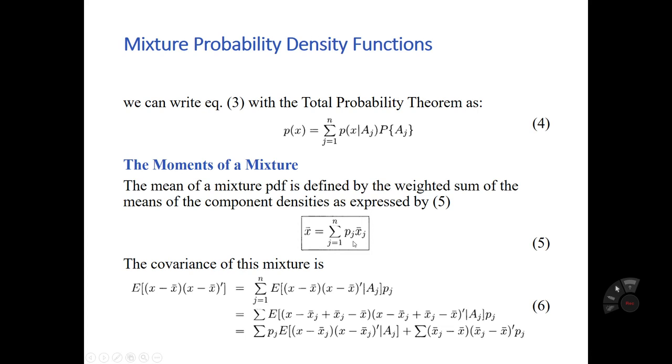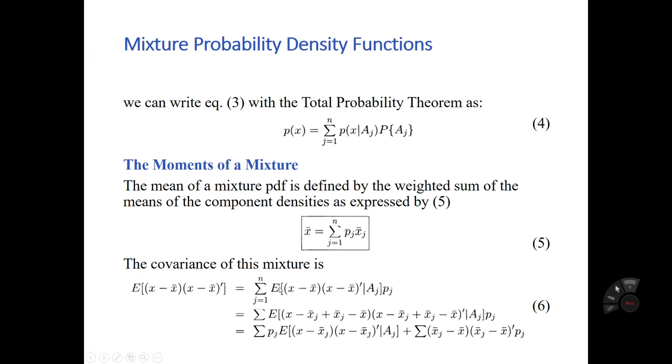So this thing is a probability or weighted probability, and this is calculated by the algorithm. Now the covariance of this matrix is given by this thing, the sum over all j of the expectation of the difference between this thing and the transpose of the difference between this thing, and this is conditioned on Aj.